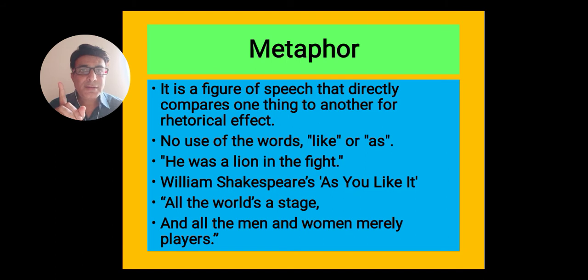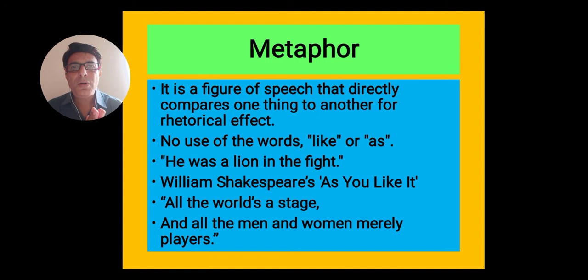In the first simile, I gave you the example, he fought like a lion. But if you want to say the same thing using metaphor, you can say he was a lion in the fight. Here we don't say he fought like a lion, but we say he was a lion in the fight. So, this is the difference between simile and metaphor.